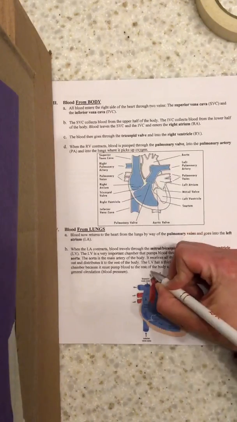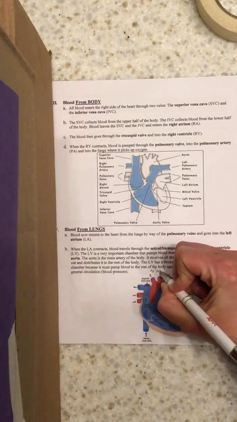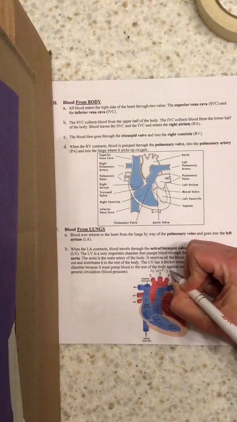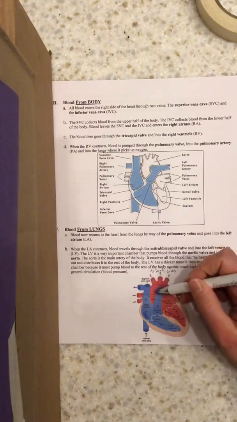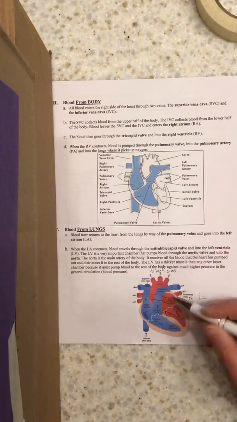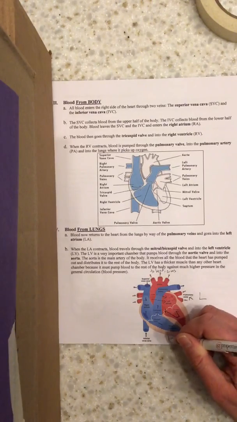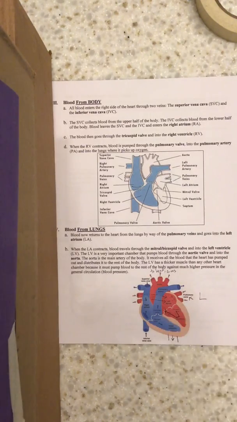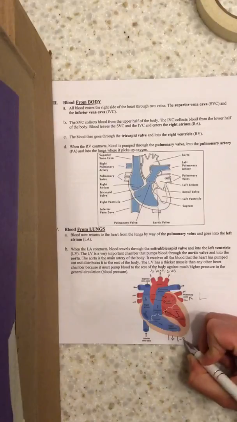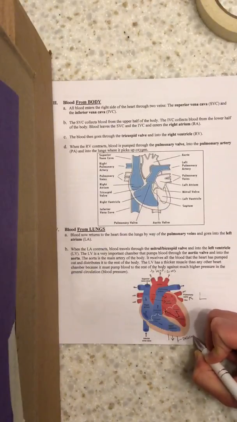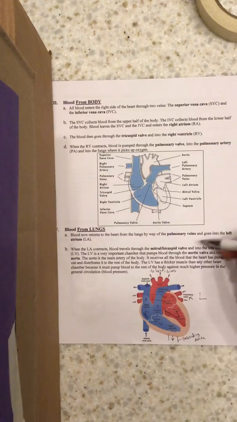Up here, the blood is going to be traveling to the head and arms, and then the aorta will hook downward and continue down to the lower half of the body, and that is called the descending aorta. And I think we labeled that again yesterday. And all of that is outlined in this paragraph up here.